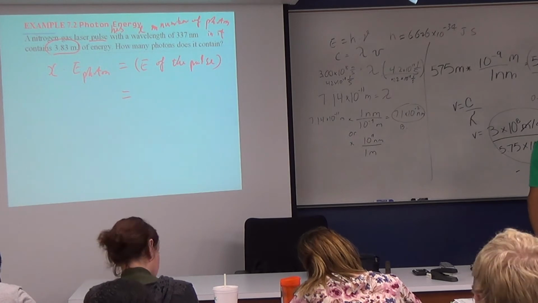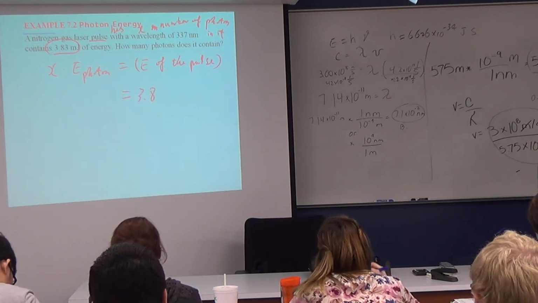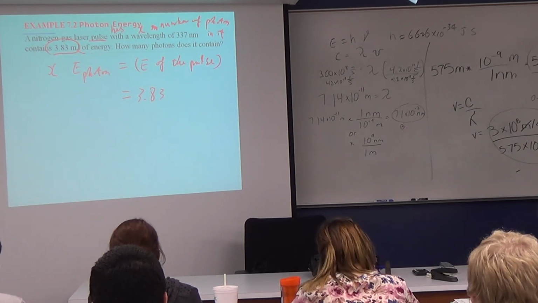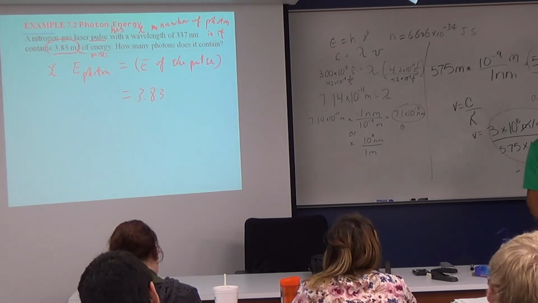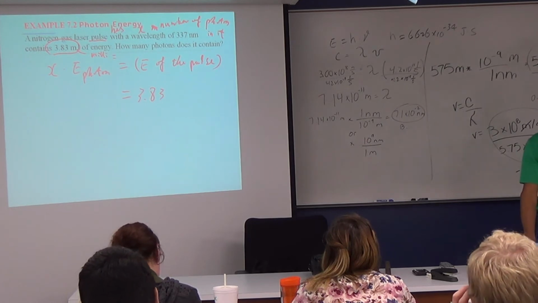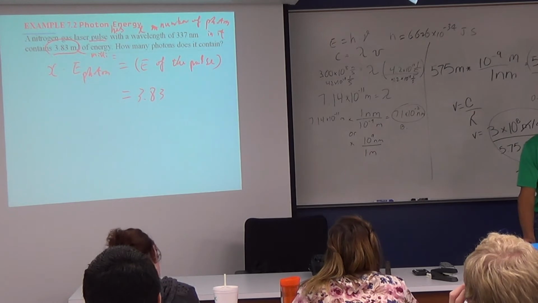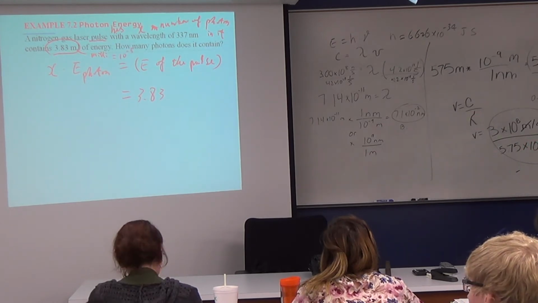For this one, it is very easy to convert. This m is milli. What is the numerical value for milli? 10 to the what? 10 to the -3.